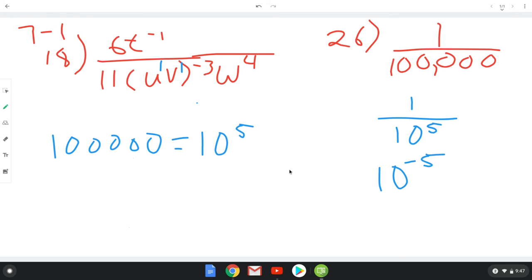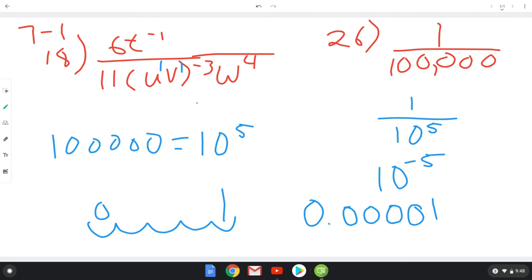And if I wanted to write this as a decimal, then it would be 0 point. Then after the decimal point, I'm going to have 1 less 0 than the exponent. So my exponent here is -5, so I'm going to have 4 zeros. Essentially, I'm doing 1, and I'm moving the decimal 5 places.